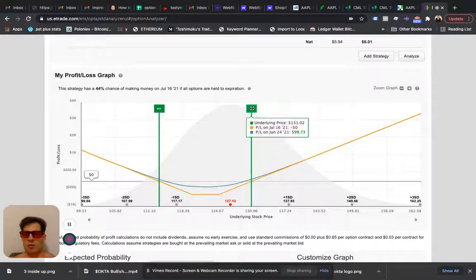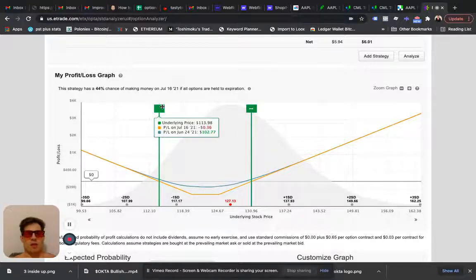I set it to an arbitrary date, June 24th, a couple weeks away. So $100 if we get to that before the 24th. Then we have a little bit more room on the downside. 113 is the break even.